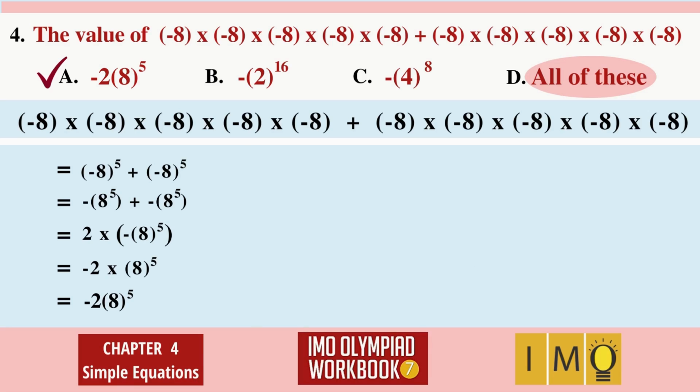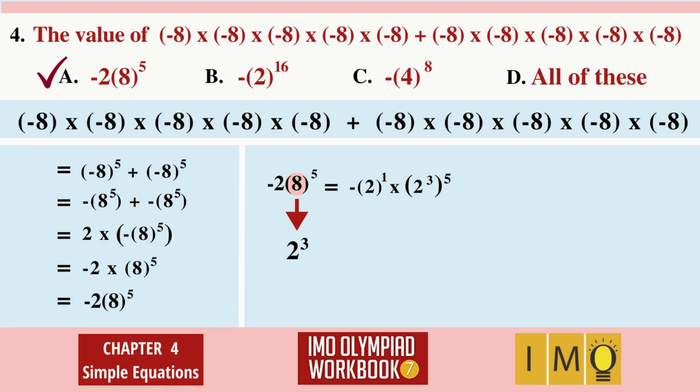So let's verify that. Minus 2 into 8 to the power of 5 can be written as minus 2 to the power of 1 into 2 to the power of 3, the whole raised to 5. This is because 8 can be expressed as 2 cubed.